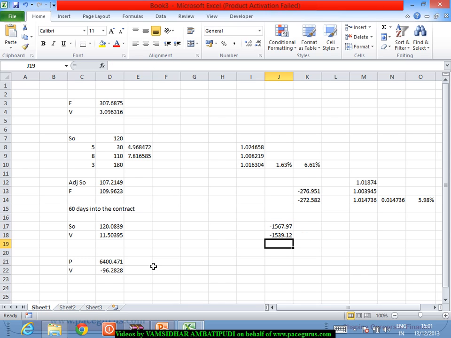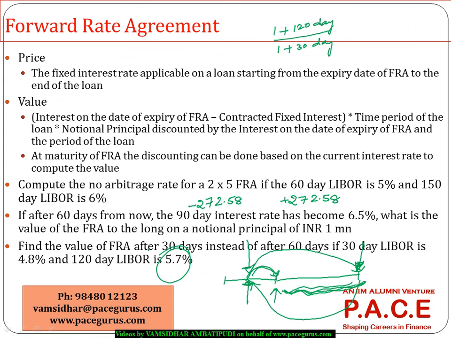So if I want to find out the value somewhere in the middle, this is going to give me that the long is going to lose 1539.12. 1539.12 is going to be the loss for the long, whereas the negative of that is going to be the profit for the short.